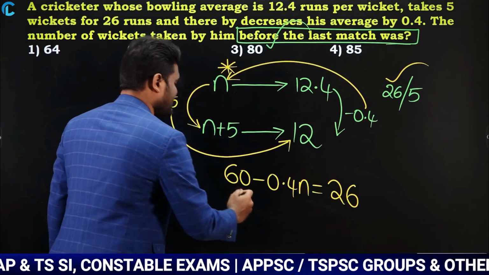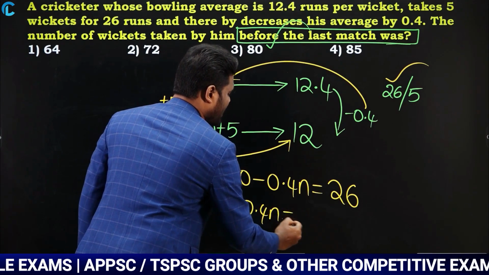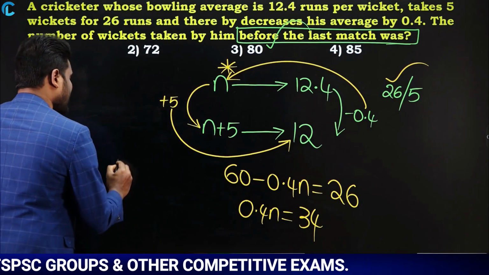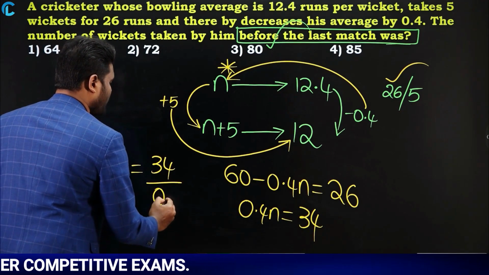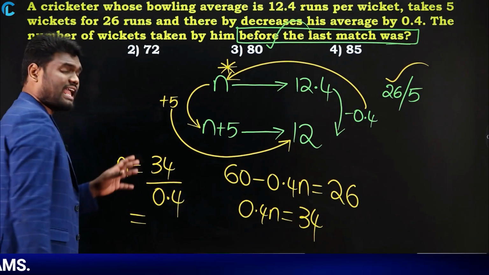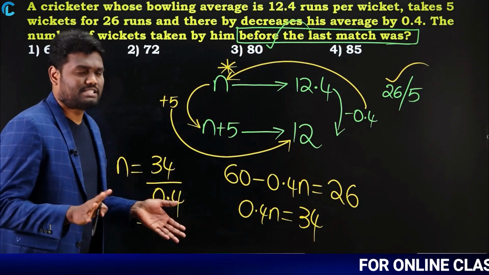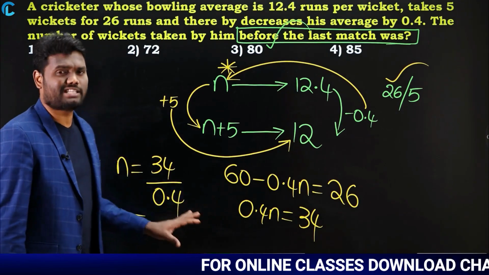So from this I can say that 0.4 n is equal to 34. Yes or no? From this I can say that n is equal to 34 by 0.4. Now if you are going to simplify this, many of them get confused here. Need not worry about simplification. Actually it is 0.4, forget about the 0 and let us say only 4.